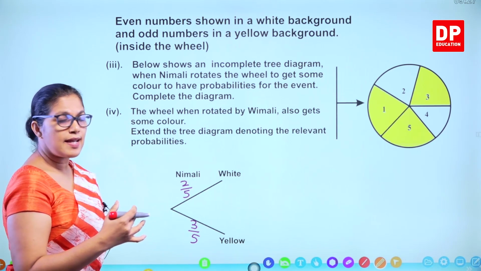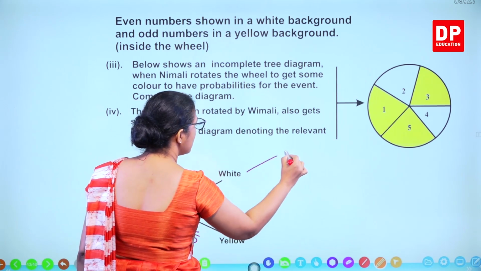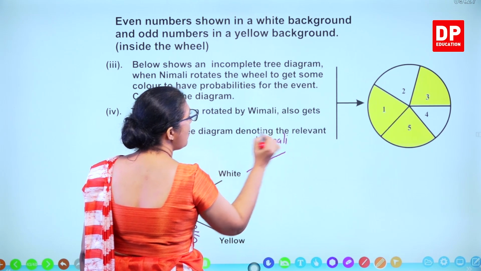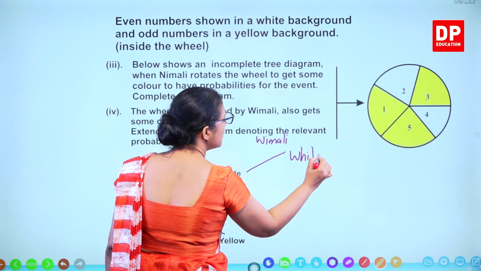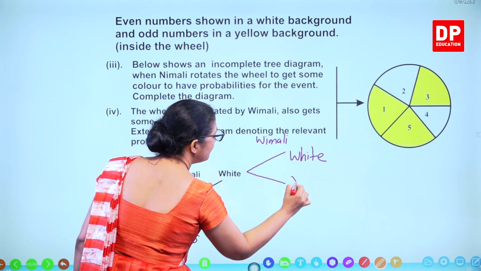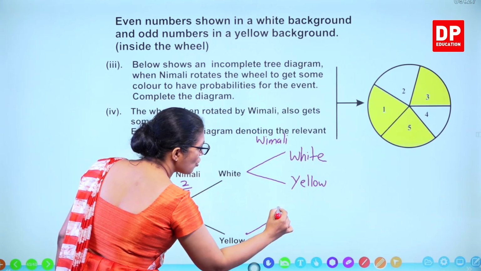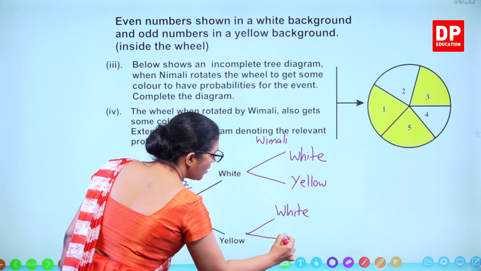Now we have to extend this for Vimali. So we can draw for Vimali now. So Vimali also can get white and yellow. Again, for this branch also, she can get white or yellow.